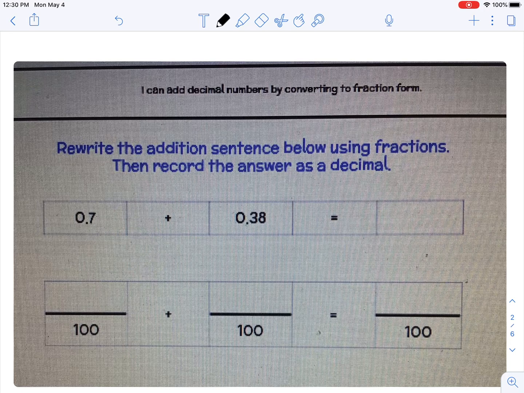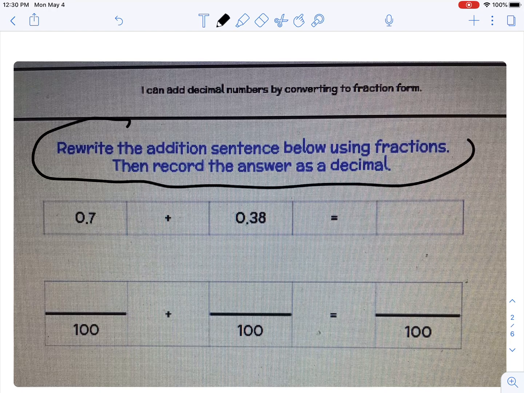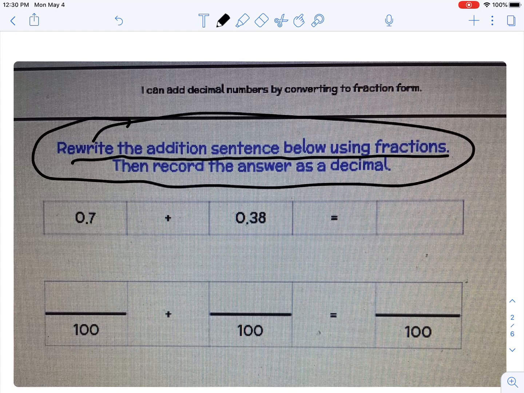Second thing you have to do in your independent practice is add. So notice the directions here. It says first, rewrite the addition sentence below using fractions. So just do that. Okay, you're going to write the decimals as fractions. So I look at this first one, right? How would I pronounce that? It's 7 in the tenths place, right? But they want me to write it using hundredths because this decimal is in the hundredths and I have to have common denominators.